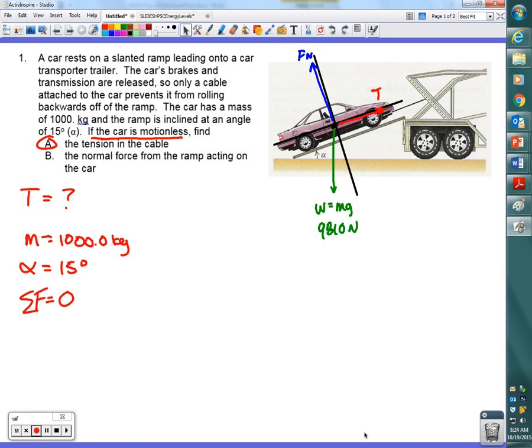We still have to have equilibrium on the x-axis and the y-axis. Okay? But by tilting our frame of reference, what about weight now? Is it on an axis? No. And what do we do with forces that aren't on an axis? Split. Oh, now you can split.